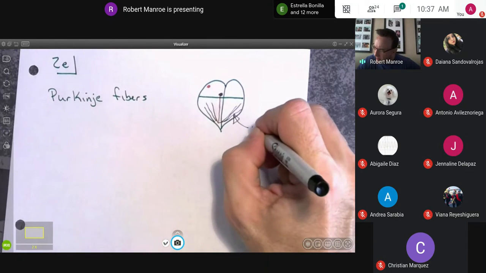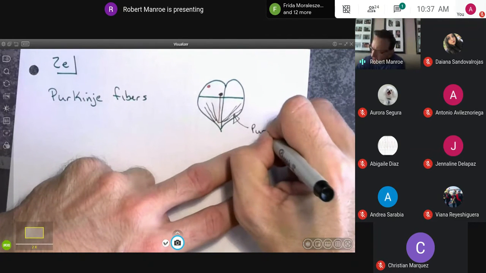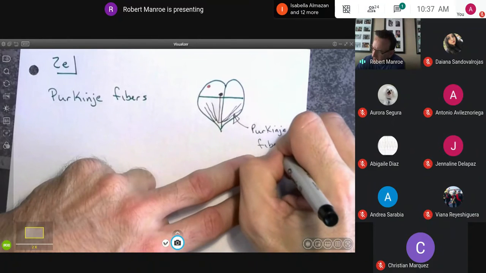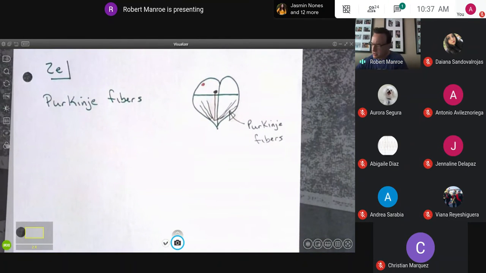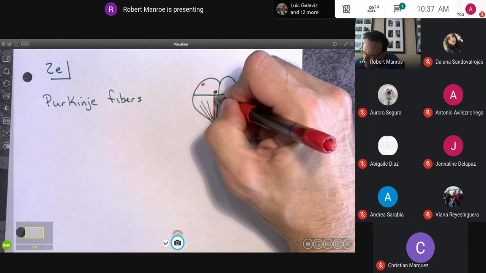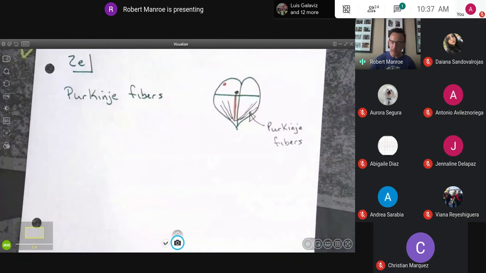And these are Purkinje fibers. Those are Purkinje fibers. So this is the bundle of His, and then off of the bundle of His are the Purkinje fibers.